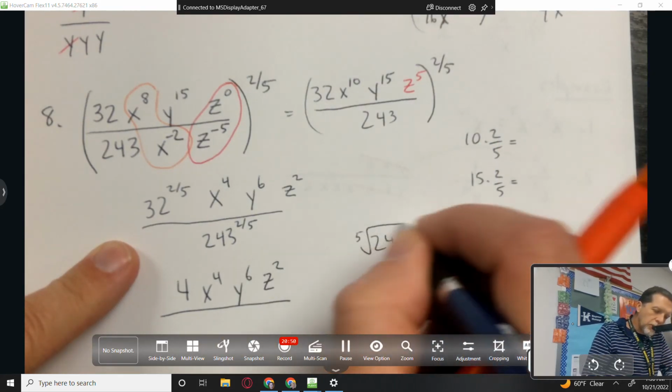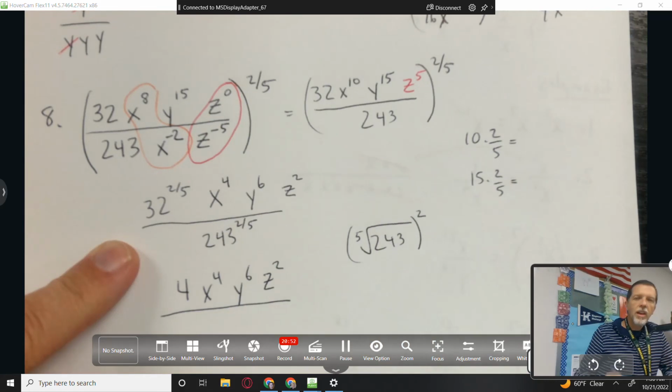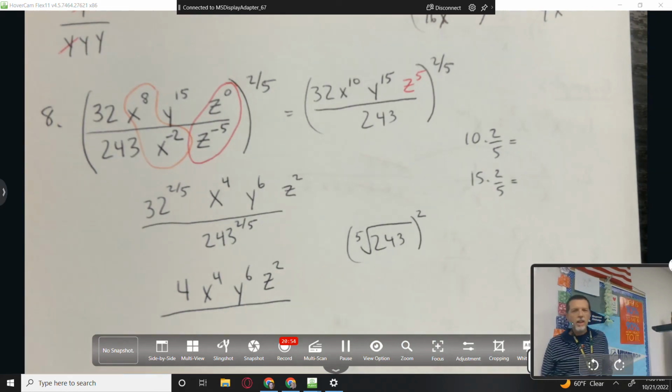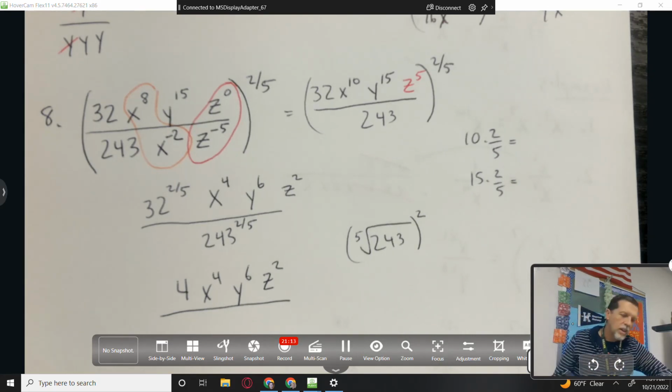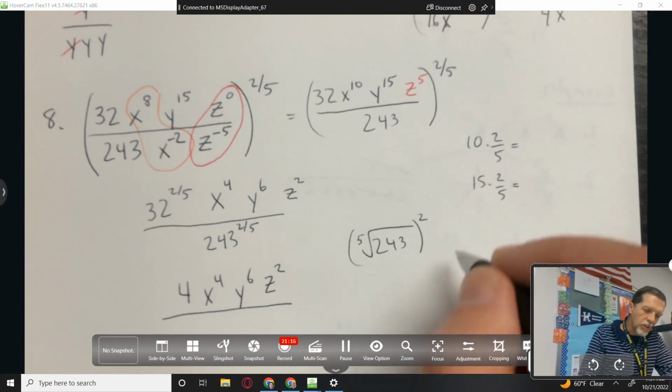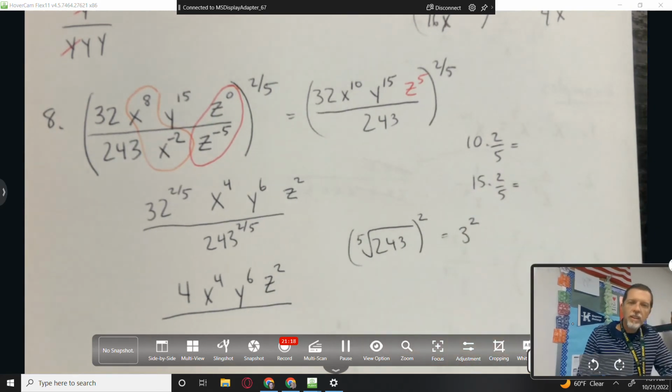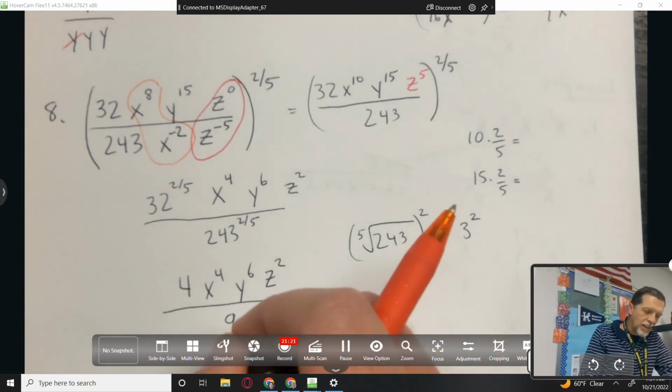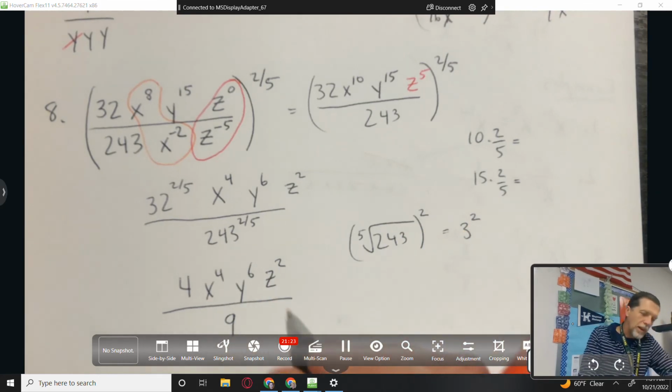And the 5th root of 243. 4 times 4 is 16. Times 4 is 64. Times 4 is 256. So not 4. It's 3. 3 times 3 is 9. Times 3 is 27. Times 3 is 81. Times 3 is 243. So 3. So annoying, but you're going to get integers, so it's not awful. Or I guess maybe it's still awful. It's not impossible. But I'll grant you awfulness.